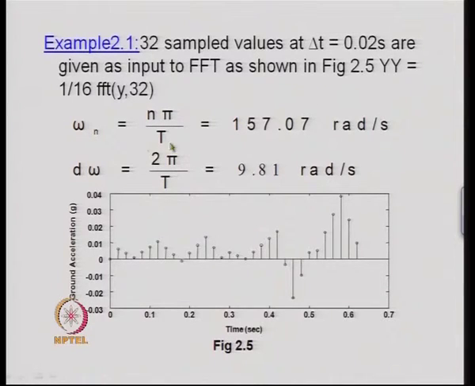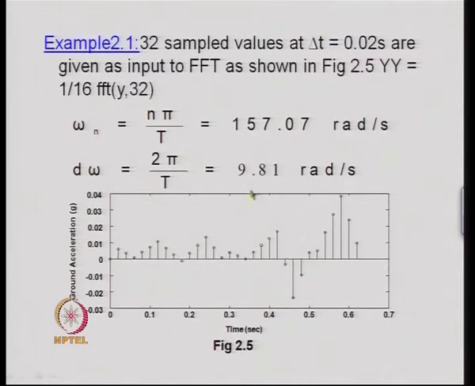The time duration is T, therefore, the omega n value is equal to 157.07 radian per second, and d omega, that is the frequency interval, is equal to 9.81. The omega n over here denotes the Nyquist frequency or the cutoff frequency.